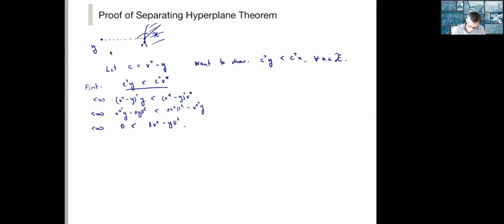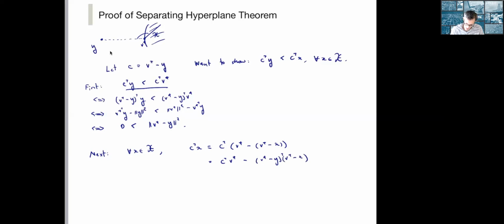So for any x in my set x, c transpose x is equal to c transpose, I'm just going to add and subtract v star, v star minus x. This is equal to c transpose v star minus c transpose, I'll write out what c is again, v star minus y transpose v star minus x.